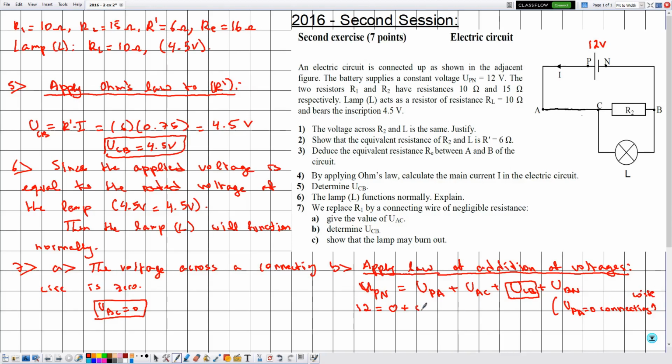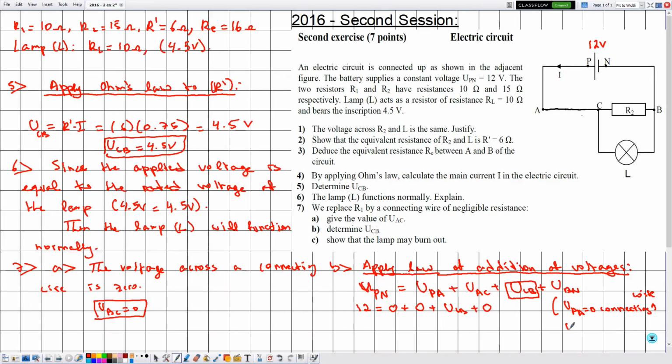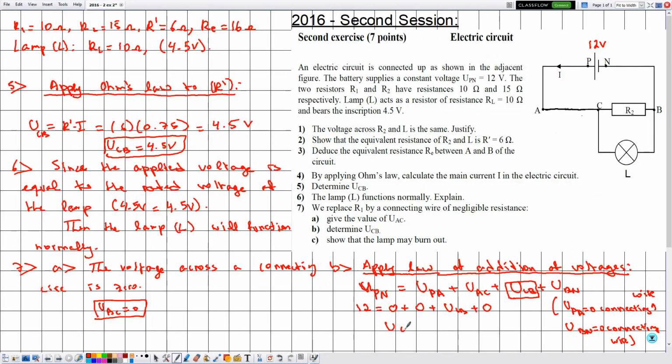And UAC is equal to 0 justified in part A. UCB plus UBN: across B and N, we have a connecting wire, so this is 0, and the reason is given by connecting wire also. So this is a linear equation with one unknown. The value of UCB in this case will be 12 volts because UPN is 12. So UCB is equal to 12 volt.